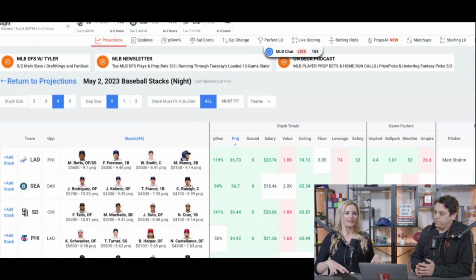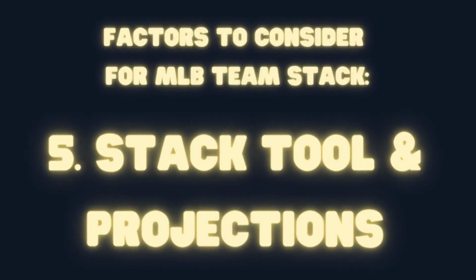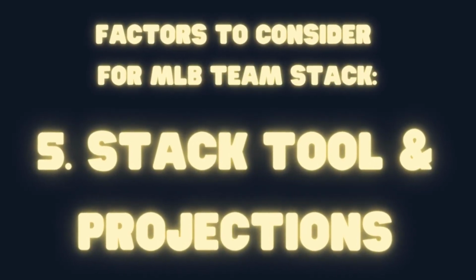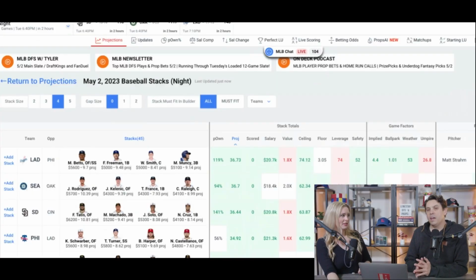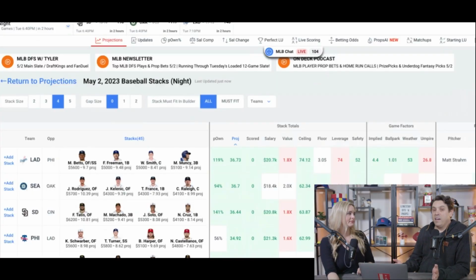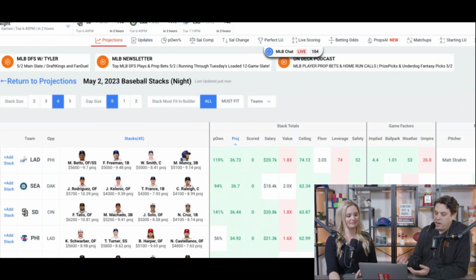All right, so when you're looking at this specific stack tool on LineStar, how are you using it on a day-to-day basis? You walked us through some of the important factors, but is there anything else that we're missing here that we can still incorporate? Every day on our MLB DFS slate breakdown, we do go through it a little bit, and I'm using the tool. So every single day you can look through and see how I am going through it.